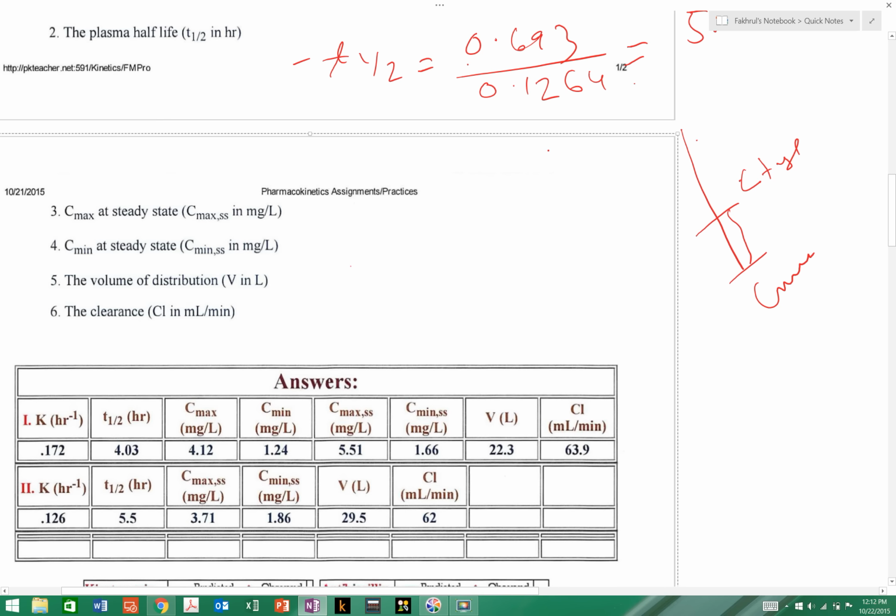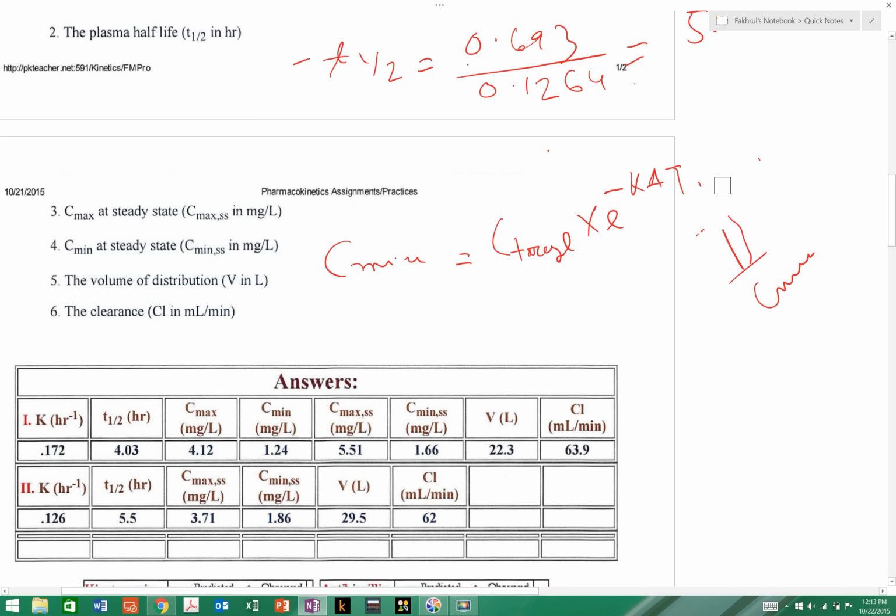So when we use the equation Cmean is equal to C trough times e to the negative k delta T, and this part is 0, then e to the 0 is 1, and they are going to be the same.